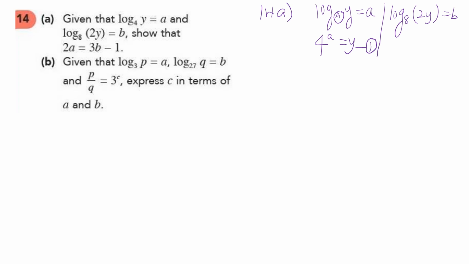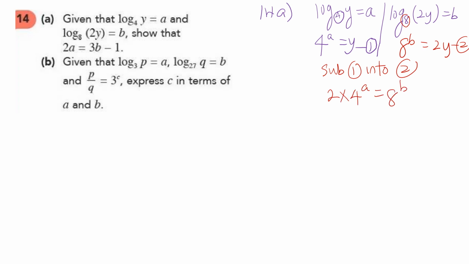And then for the second one, if you look at it carefully, the base is 8. So 8 to the power of b is equal to 2y. I'm going to call it equation 2. So what I'm going to do here is just substitute equation 1 into 2, and I will have 2 times 4 to the power of a equals 8 to the power of b.